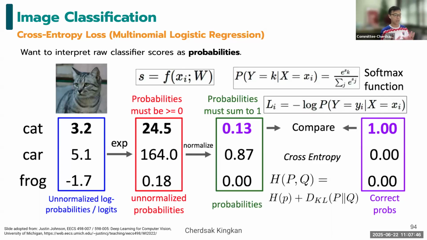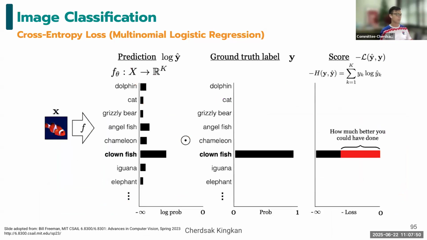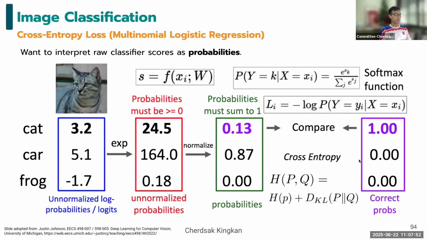After you compare these two probabilities, you finally come up with some loss value, which tells you how much it deviates from the ground truth.